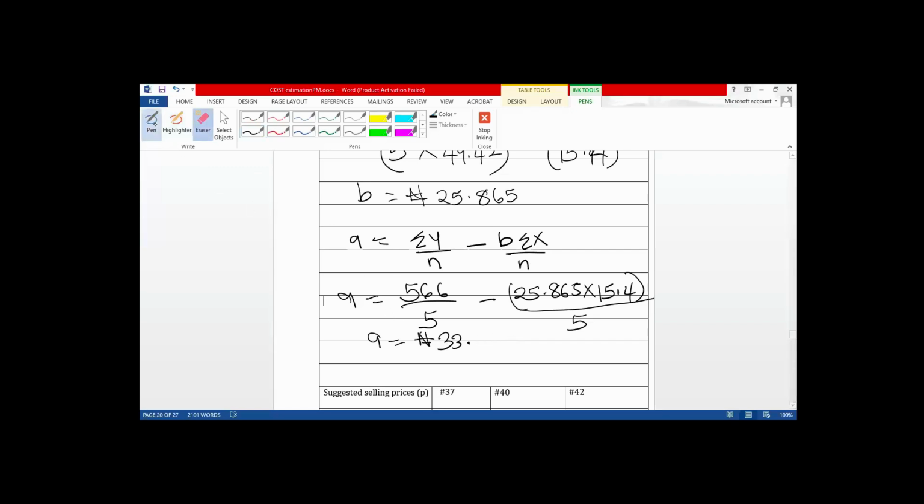Okay, maybe it's my error. Okay, we approximated to 33.536.